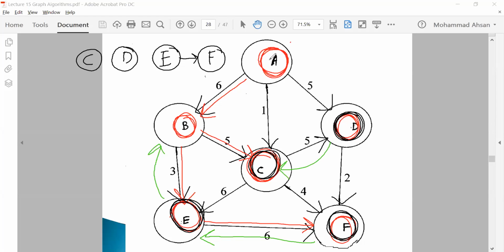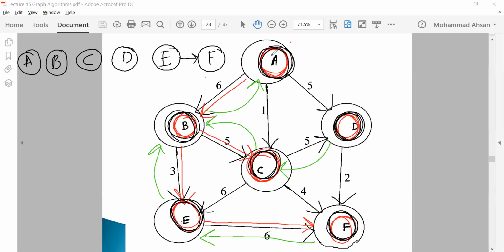From C, I come back to B. Now B again, nowhere to go, so B also turns black. From B, I come back to A, which is my starting point, and now there's nothing more to explore. So A also turns black, and I insert it at the beginning of the linked list.